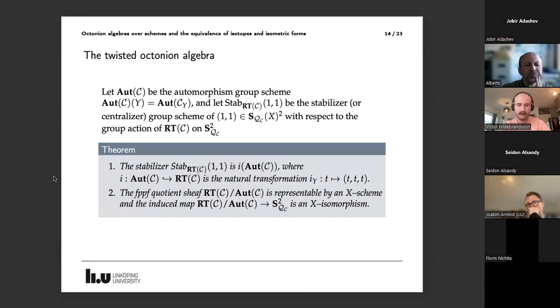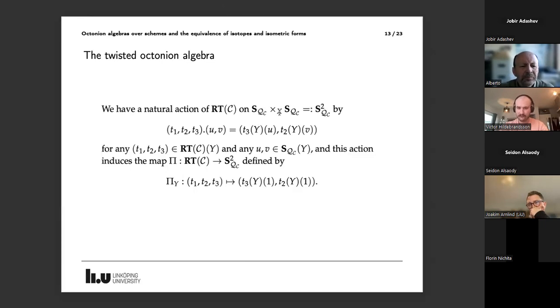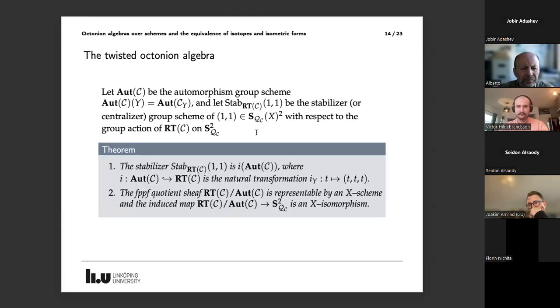Then the automorphism group scheme is defined as just the automorphisms of our Octonion algebra, and we'll let this stab be the stabilizer, or I have been told that it also may be called the centralizer, of this group action that we have here in this point.